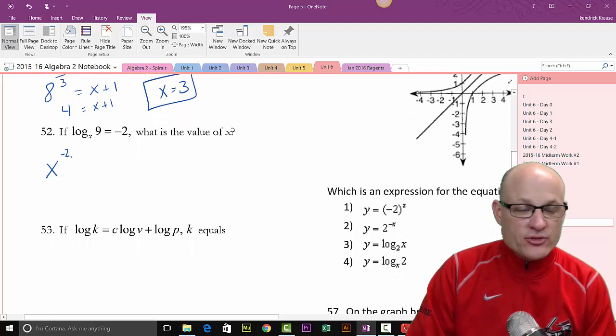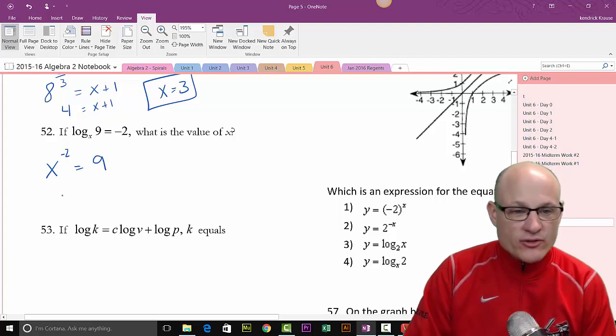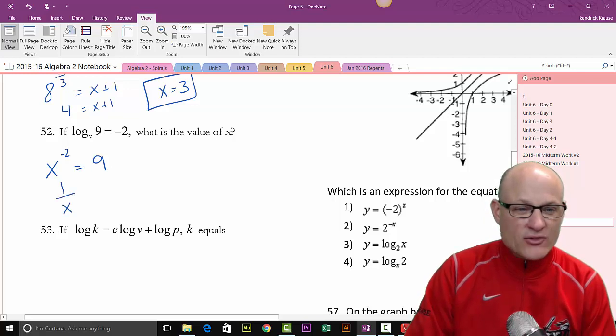X to the negative 2 equals 9. That's tough. Well, this is really 1 over x squared equals 9 over 1.